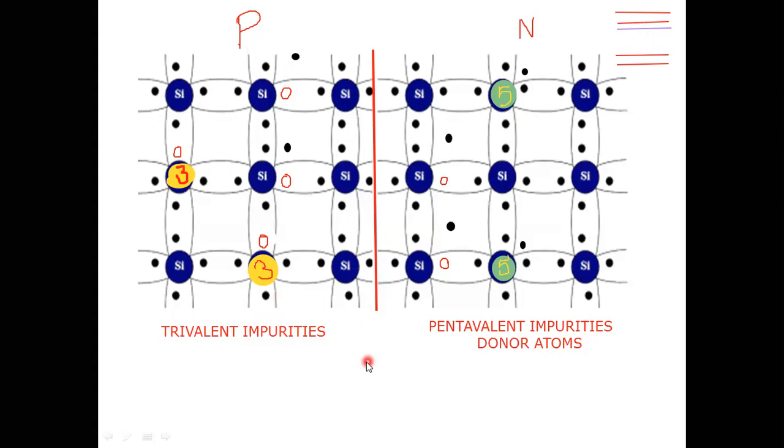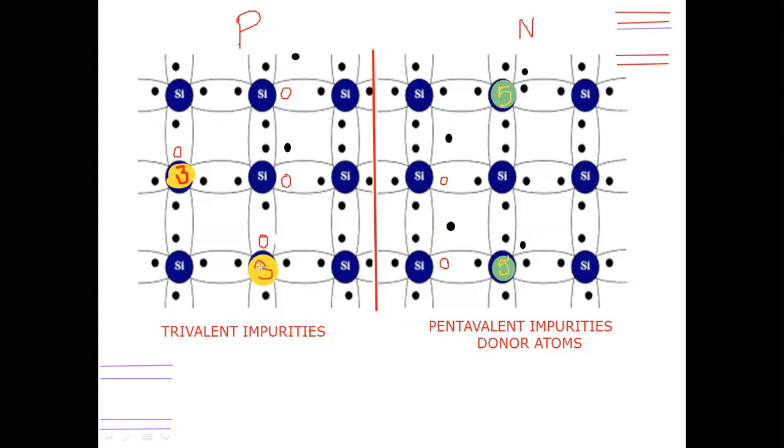Coming to the P side, let us draw the energy band diagram. Let us suppose this is the conduction band and this is the valence band.